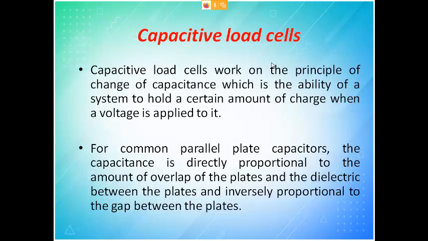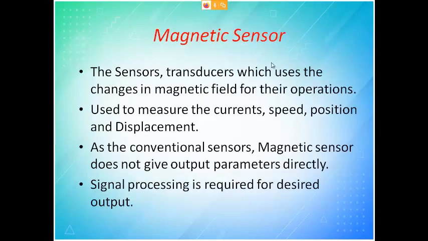So what they are thinking is, let us go to magnetic. In the case of magnetic, there won't be any direct contact at all. When an object is brought inside a magnetic field, automatically the magnetic lines of force will get deflected, and the change in deflection can be read. This change in deflection is measured in terms of current, speed, position, or displacement, whatever.